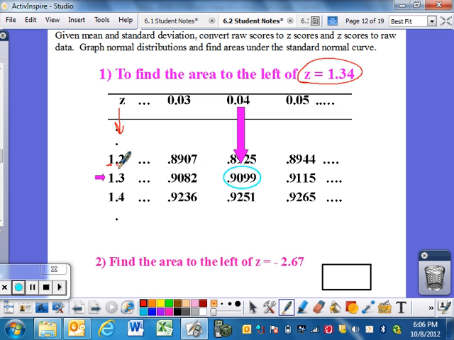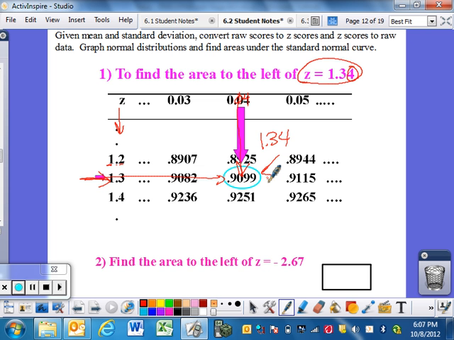The 1 point, whatever the tenths number is, will be here. So we want 1.3. That's the row you need to find. And then on the top is your hundredths place. So in this case we're looking for the 4, but it's listed as 0.04. That's wherever those meet. That's the probability for the 1.34 right in there.